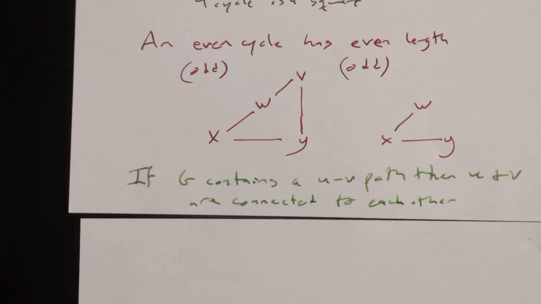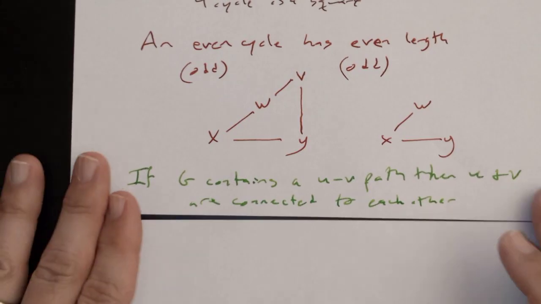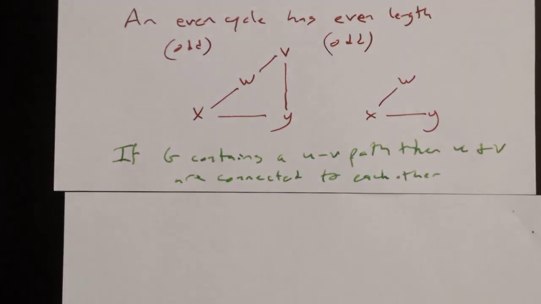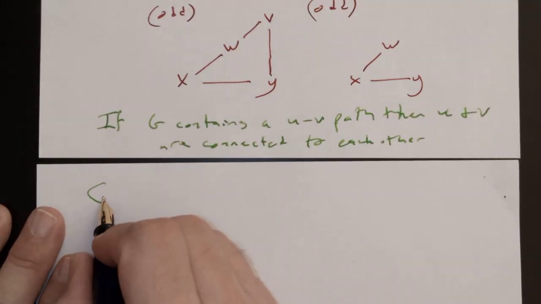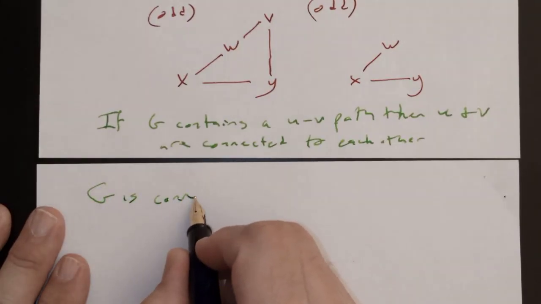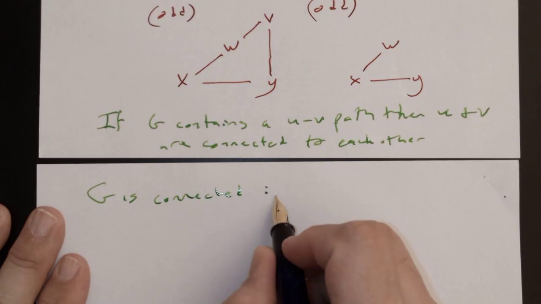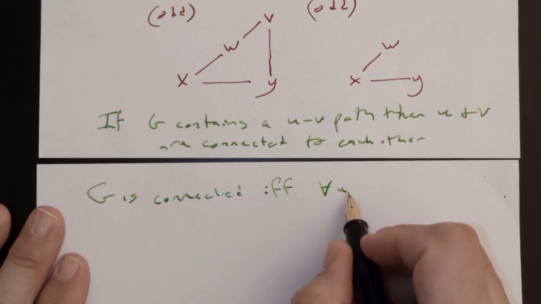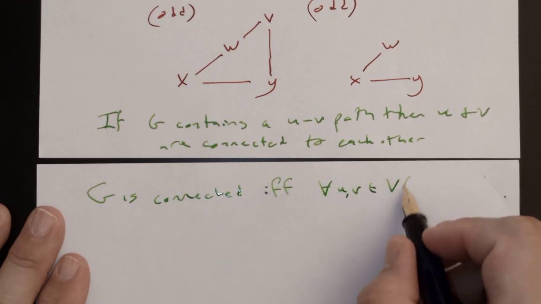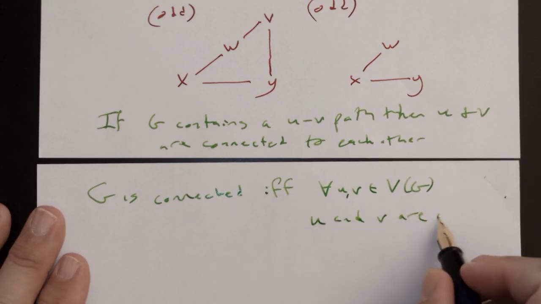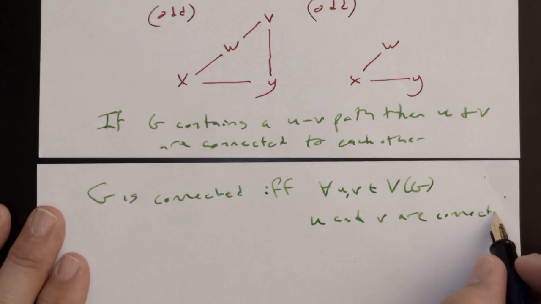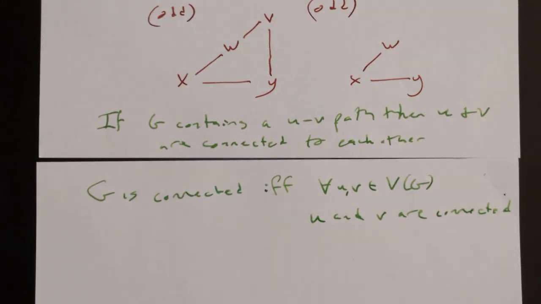I like this idea so much, I'm going to talk about the whole graph that way. If any two vertices are connected, then the whole graph is connected. What does that mean in my picture?